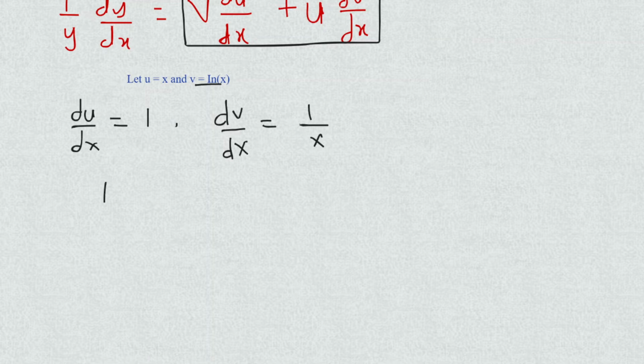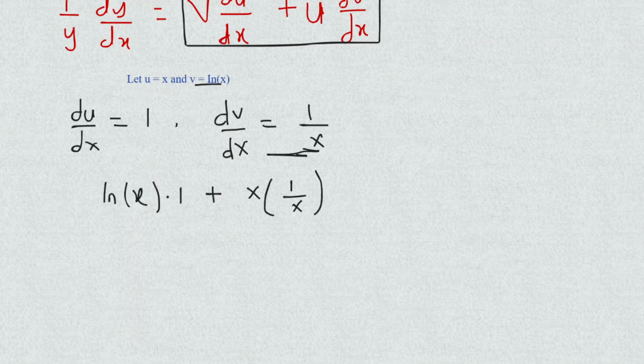So now we have ln x multiplied by du/dx, which is 1, plus my u, which is x, multiplied by my dv/dx, which is 1 over x.